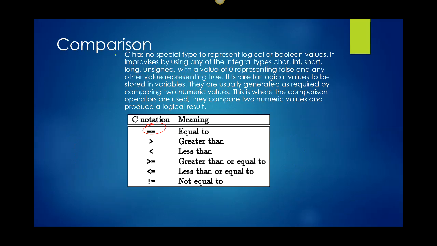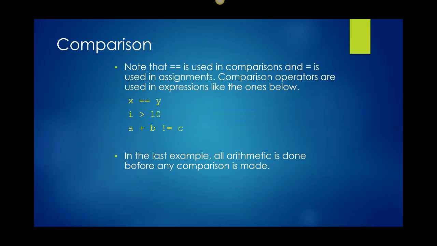C will not complain, but your program will not behave properly because it's not checking if X and Y are equal. It just says, okay, X is assigned the value Y, okay? Greater than, less than, greater than or equal to, less than or equal to, not equal to is exclamation mark equal.